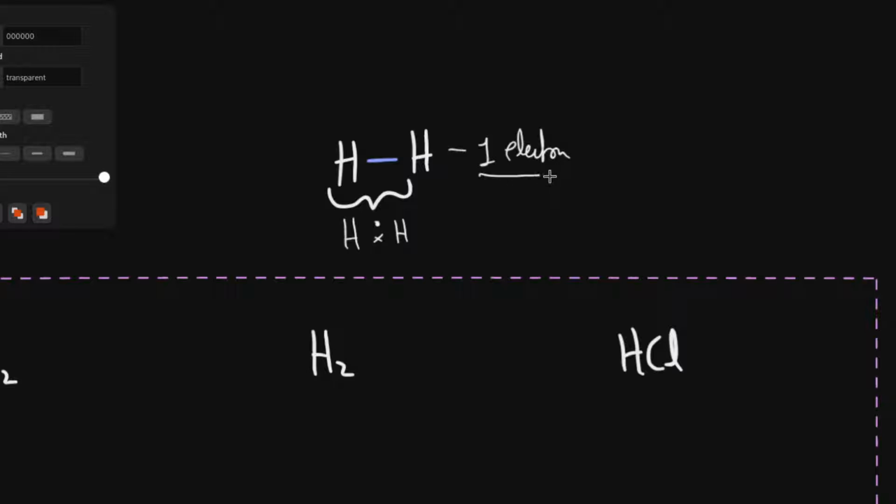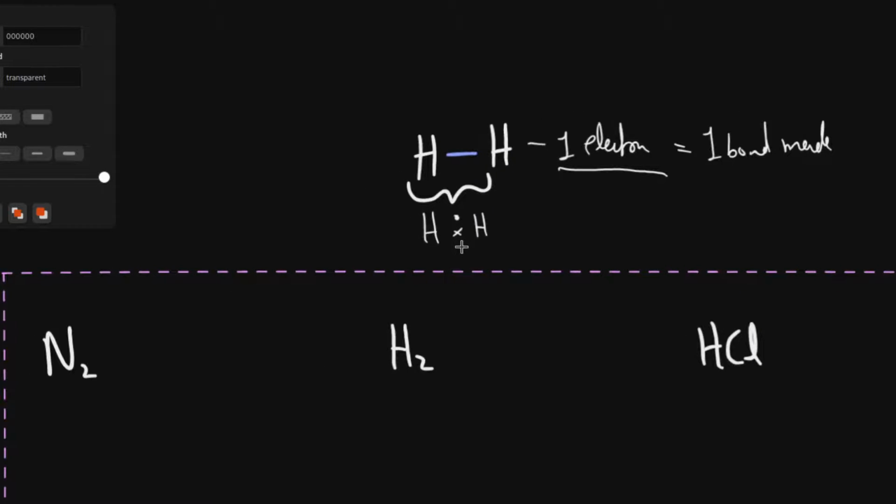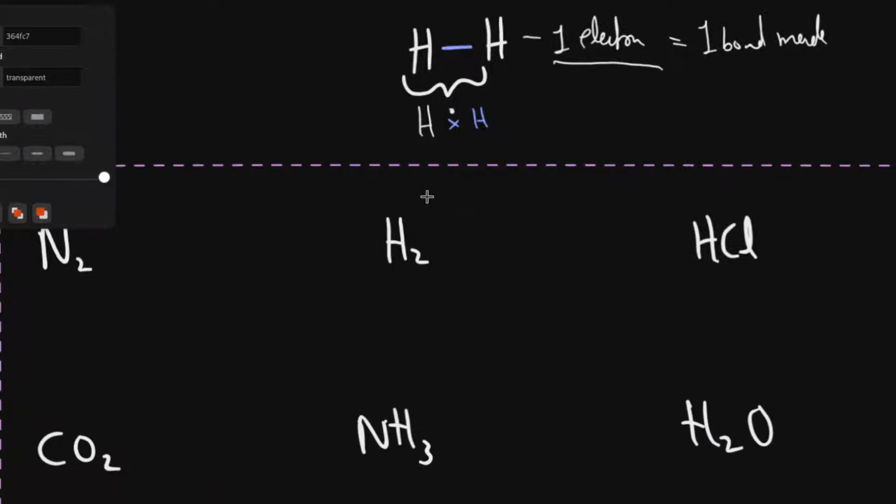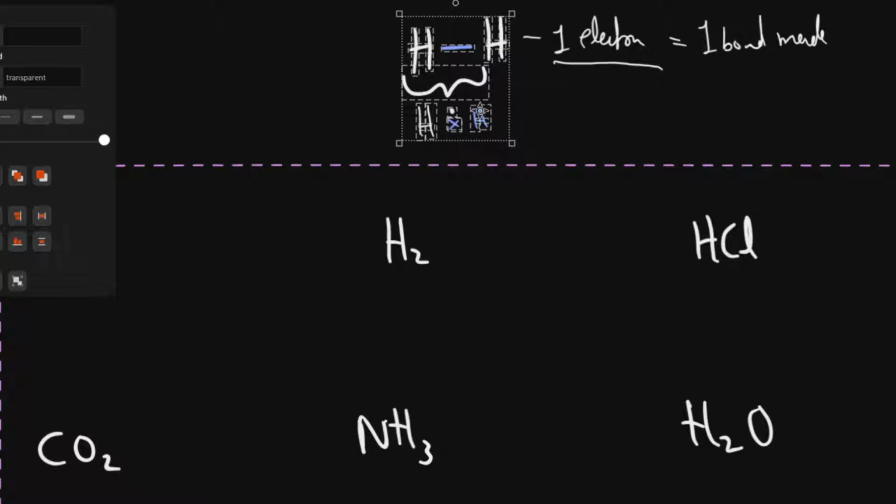So the amount of electrons that they need is the amount of bonds that they will make. This is a fact. So that is equal to one bond made. Also note that these are separate electrons that are being shared. So one is being shared by the other hydrogen and one is being shared by the other hydrogen. So this is how you would represent the bonds for hydrogen.